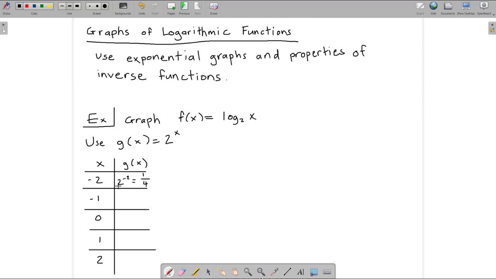That's what negative exponents do. For negative 1, I'll have 2 to the negative 1, which is 1/2. For 0, I get 2 to the 0, which is 1. For 1, I'll have 2 to the 1st, just 2. And for 2, I'll have 2 squared, which is 4.